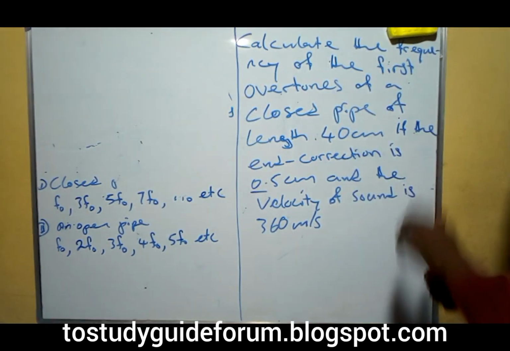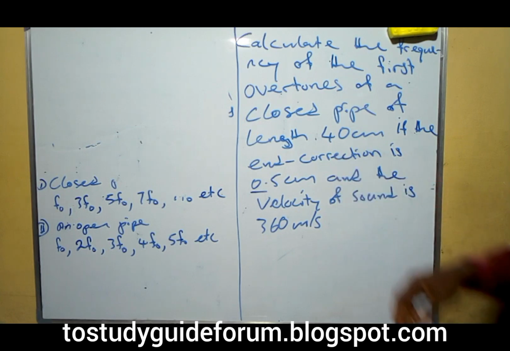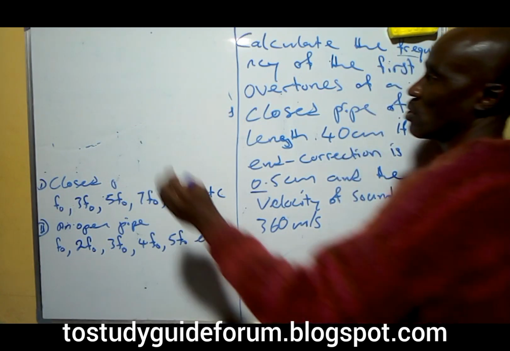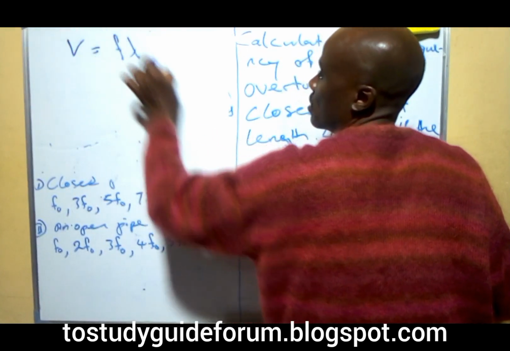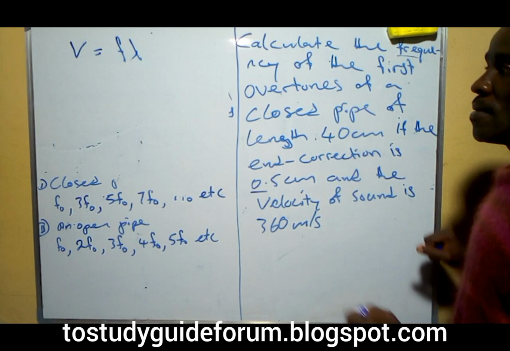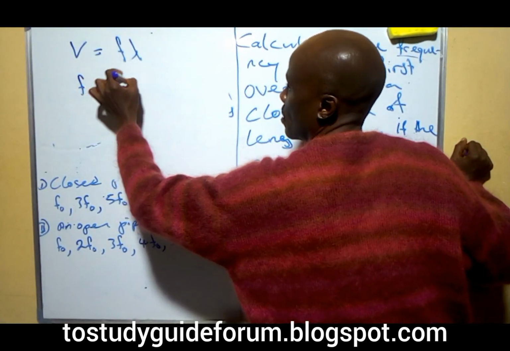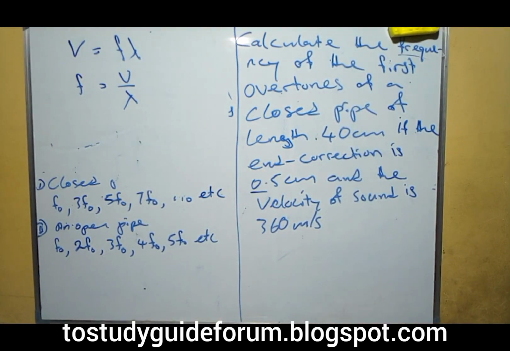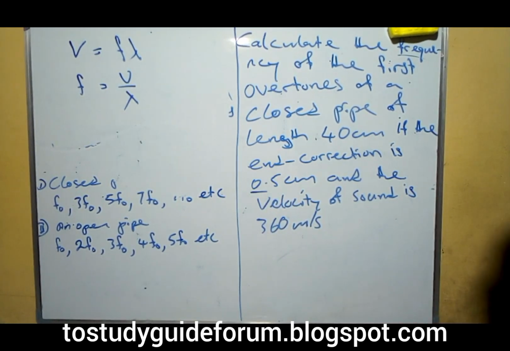We know that we're looking for the frequency. We know that velocity is this, and then the frequency will be this. In this case, we have something that is unique. This is the end correction.